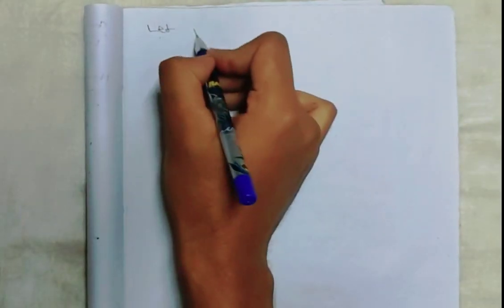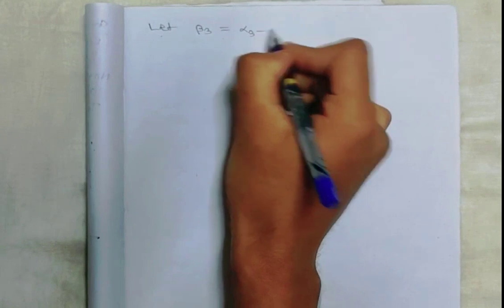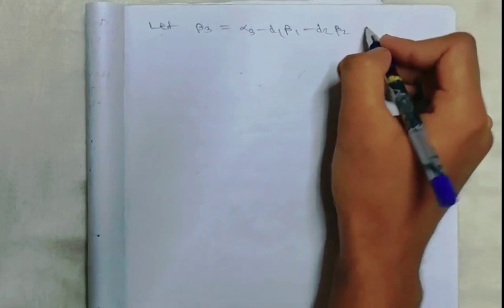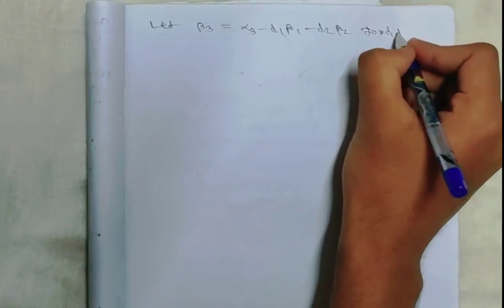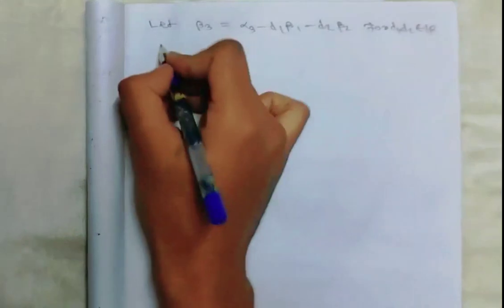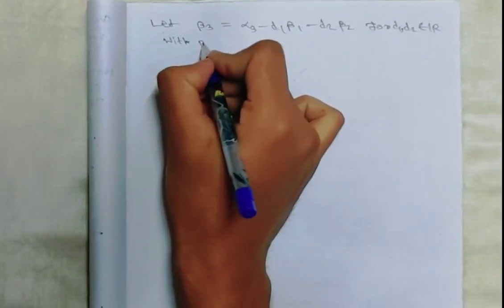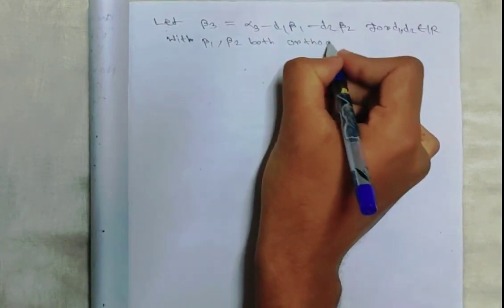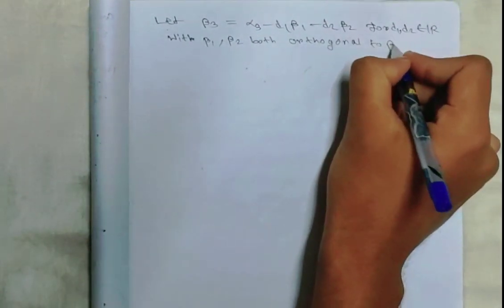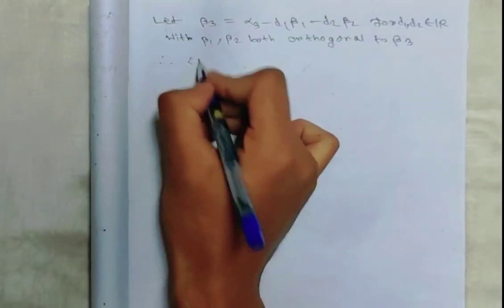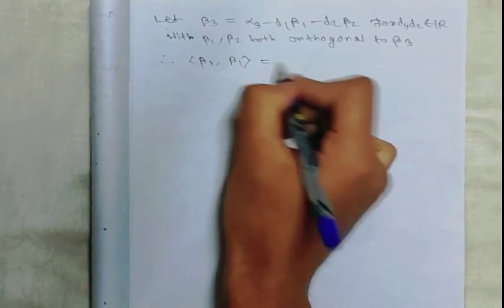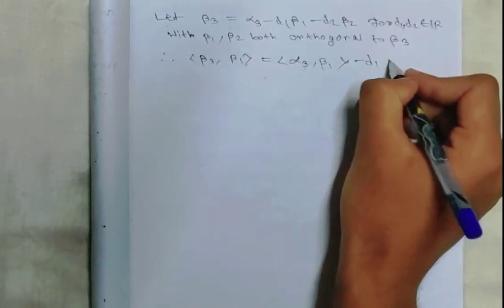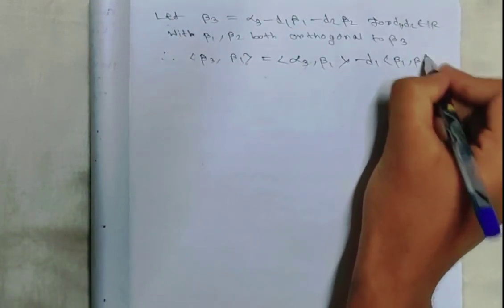Now let beta 3 equal alpha 3 minus d1 beta 1 minus d2 beta 2, for d1 and d2 belonging to the real numbers, with beta 1 and beta 2 both orthogonal to beta 3. Therefore the inner product of beta 3 beta 1 equals the inner product of alpha 3 beta 1 minus d1 times the inner product of beta 1 beta 1.